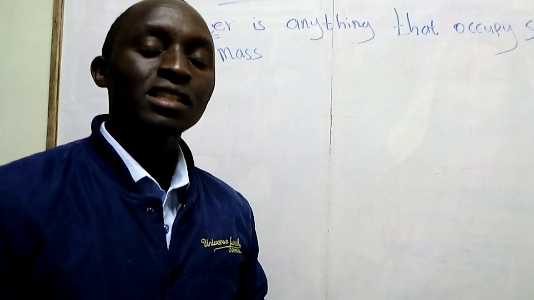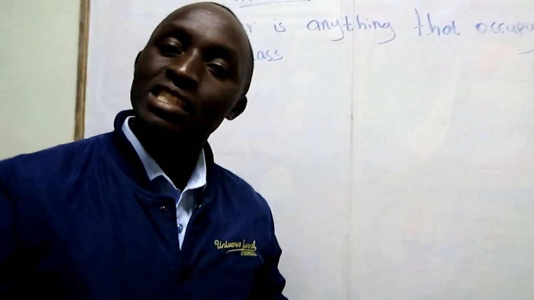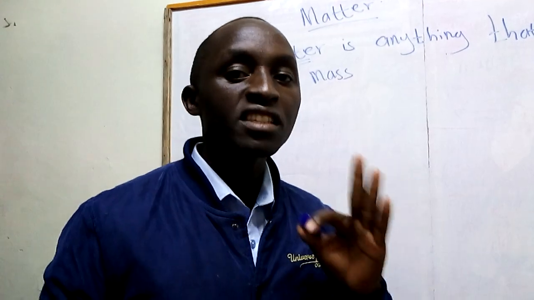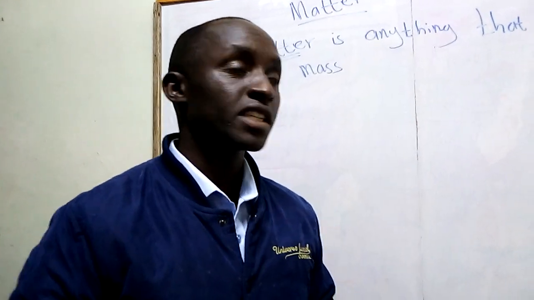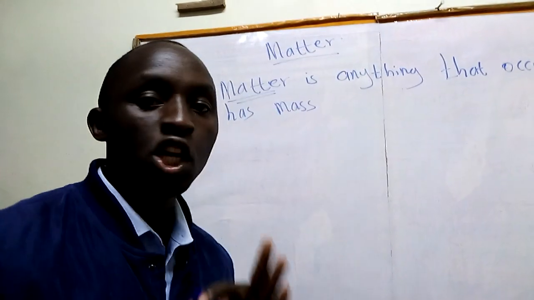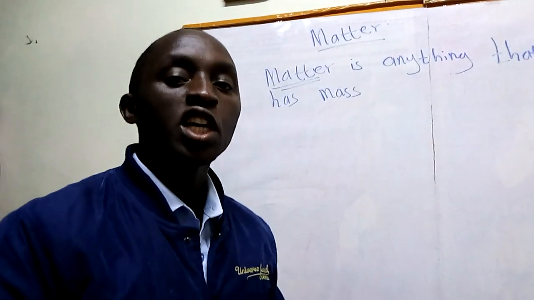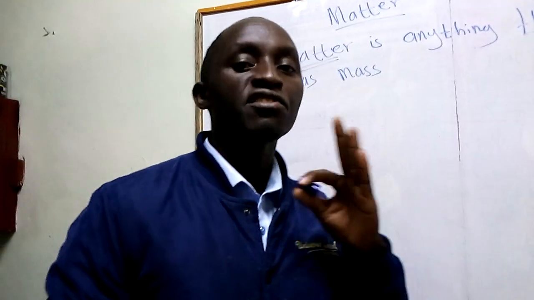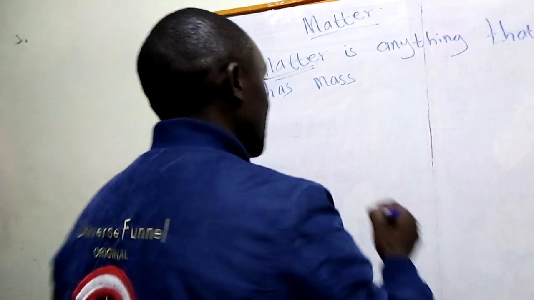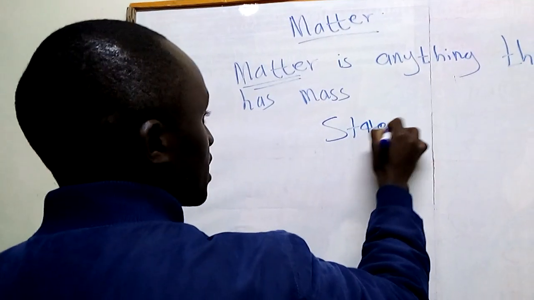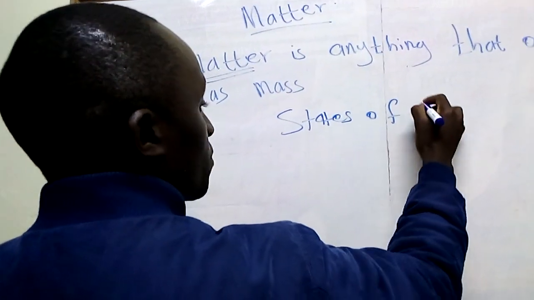In simple terms, matter is anything that surrounds us. When it comes to matter, we have three states of matter, and in a question paper you'll be told to give three states of matter.